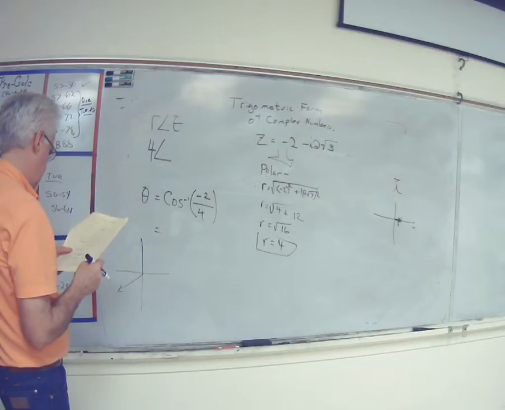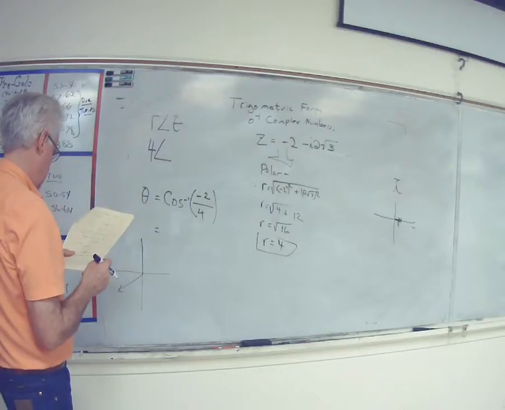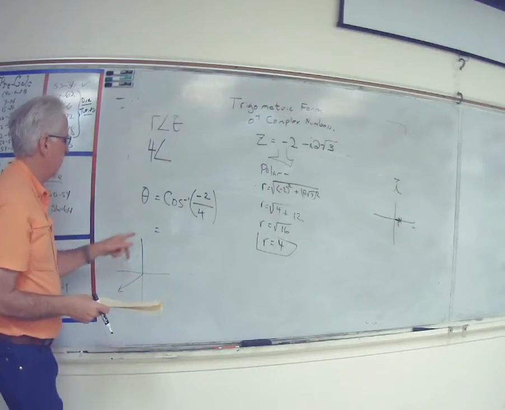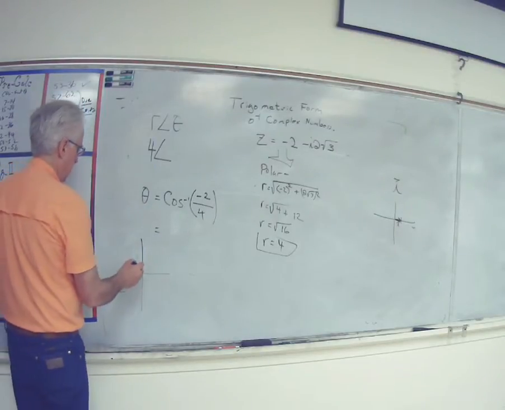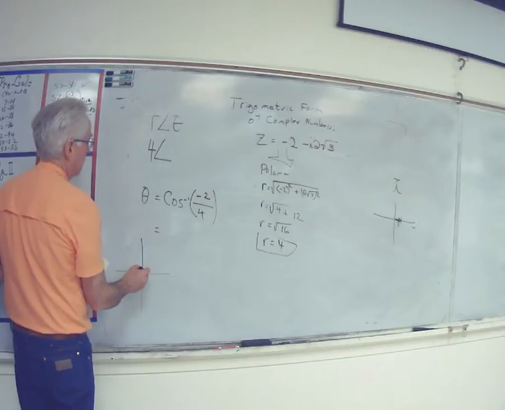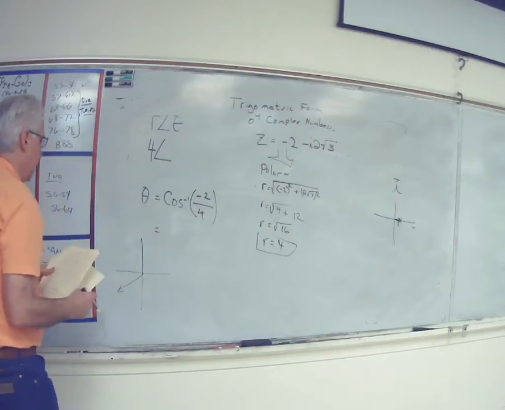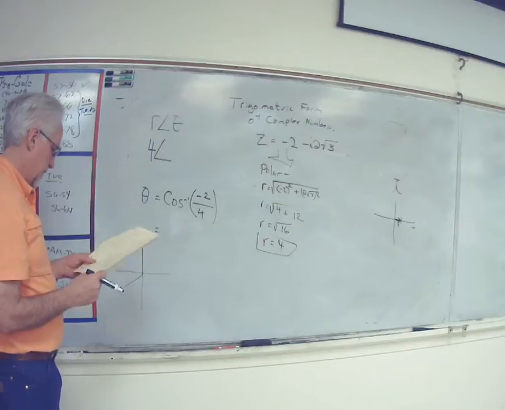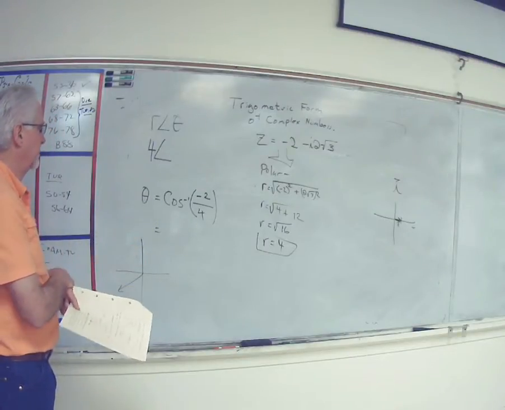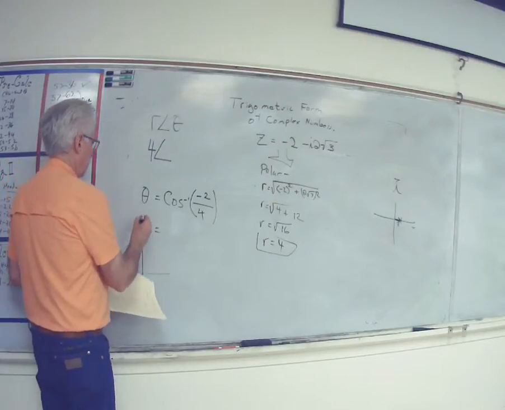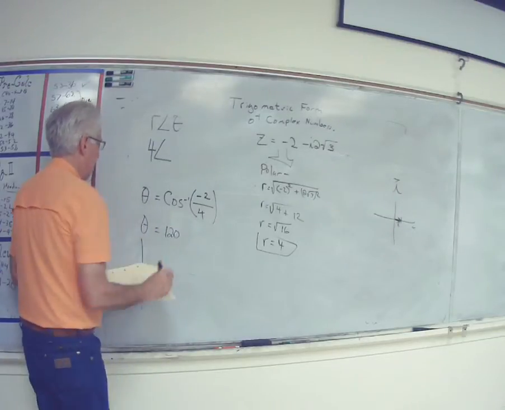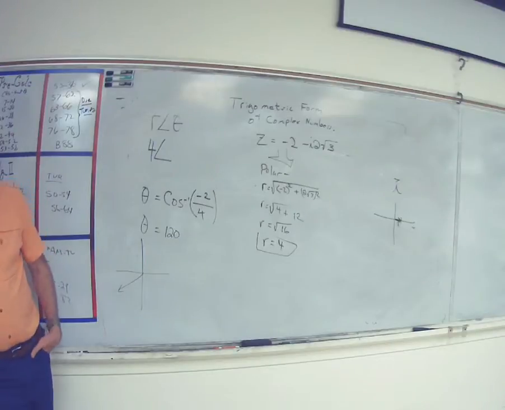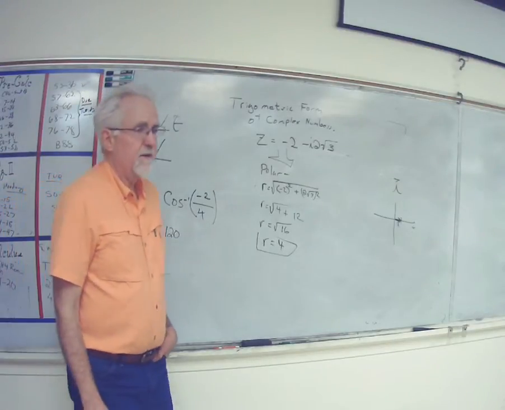Or let's see. I think it's this one because negative goes to both directions. Right. So what does your calculator say? 120. Okay. That's the polar answer? Yes, that is the calculator answer.